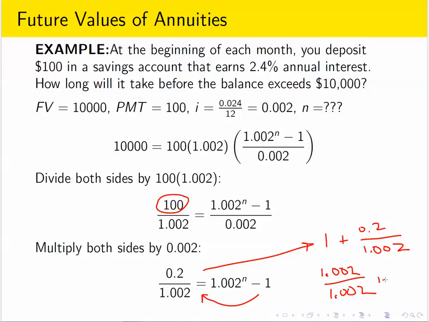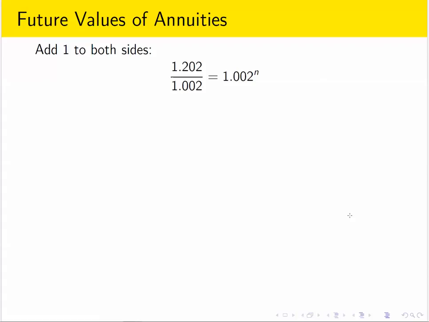And then I'm going to add 0.2 over the same denominator. And to combine these fractions, now that they have the same denominator, all I need to do is add the numerators. And so that's where the expression on this screen comes from.